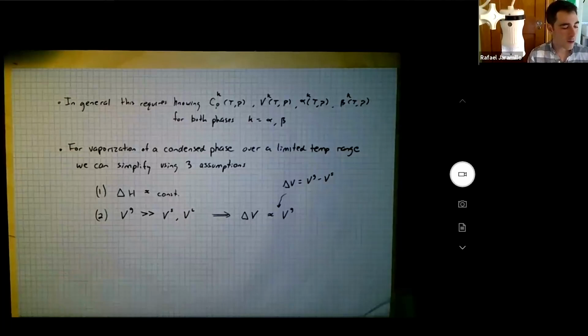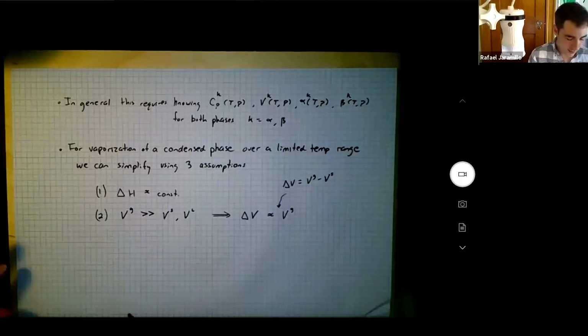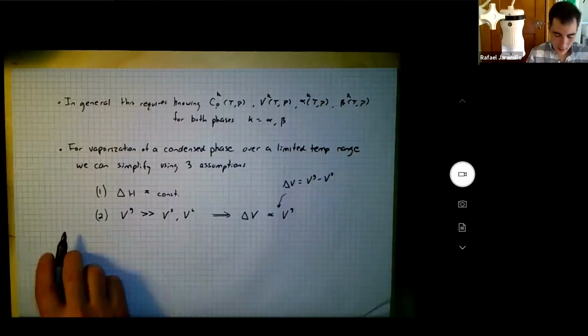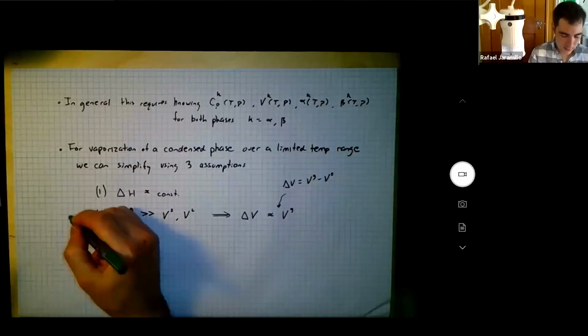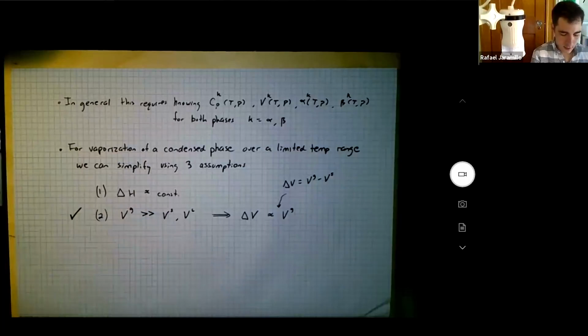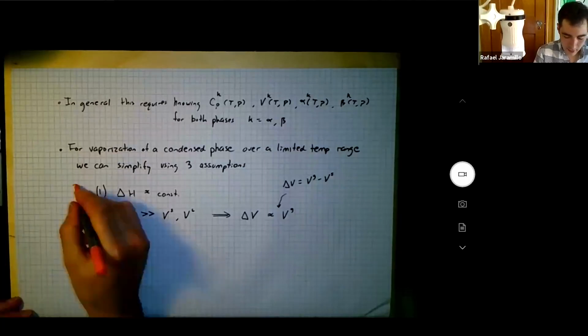And when typical condensed phases sublime or evaporate, you have factors of 20,000 or more increase in molar volume. That means you're making an error of 1 part in 20,000. It's a pretty good approximation. So I would say that this is a good approximation. The first one is kind of an approximation.